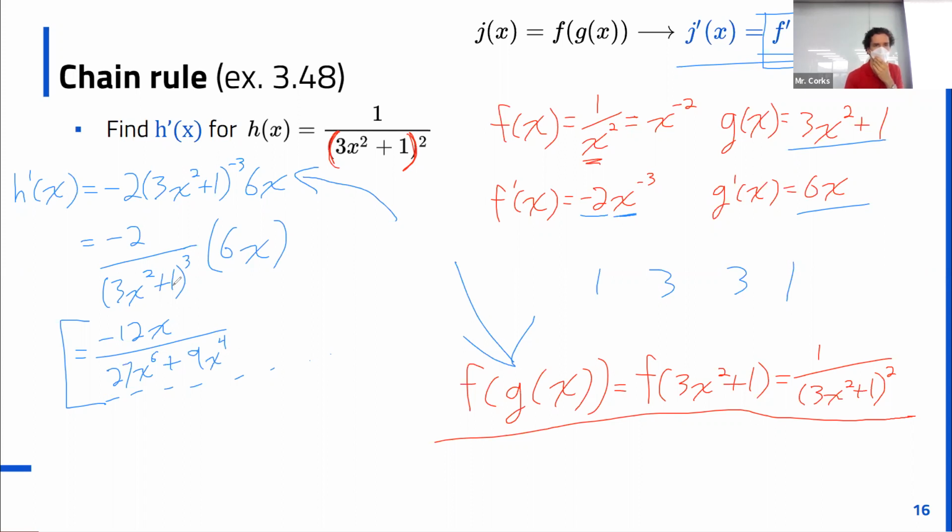Okay, and then times just this is 1. Okay, and then we would have 3x squared and then times 1 to the exponent 1. So that's 9x to the exponent 4.